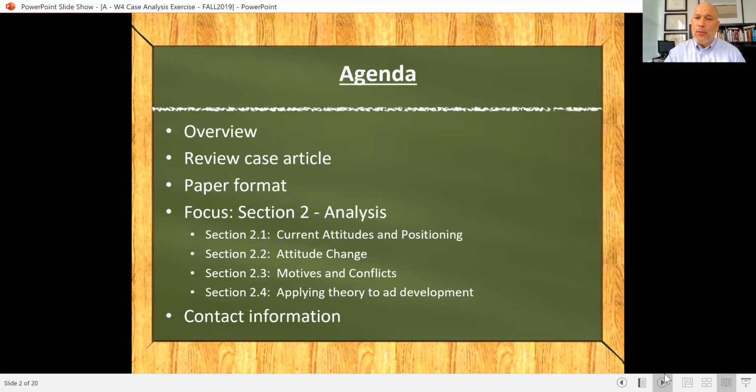So I'd like to go over some of the basics for this assignment, talk about the article, the format for your paper, and then focus on the second section, which is the body of the paper, and go over its 4 components, talk about what should be the focus in your response to the assignment questions, and remind you about specific readings in the course that can support your answers. And of course, end by reminding you of my contact information if you have any questions.